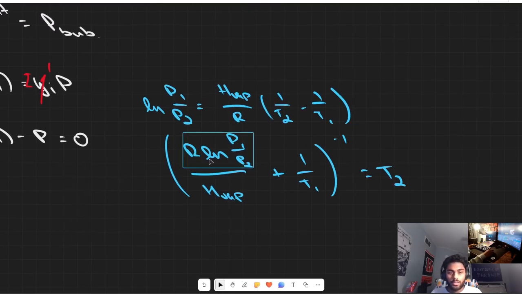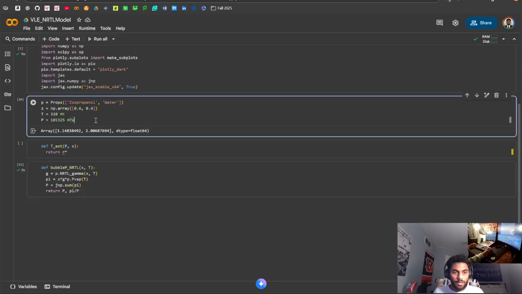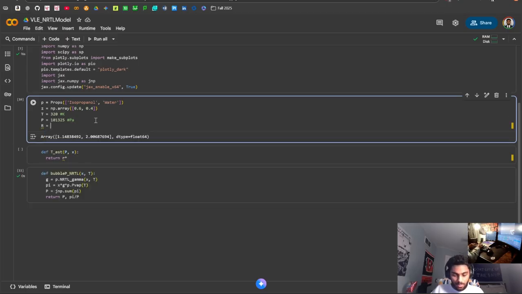So R times natural log P1 over P2. P1 is going to be our atmospheric. So R times, I should probably define R, right? R equals 8.314. And this is joules per mole Kelvin.